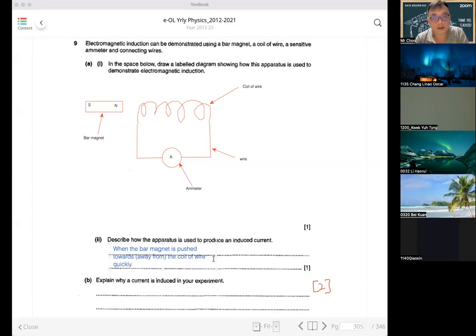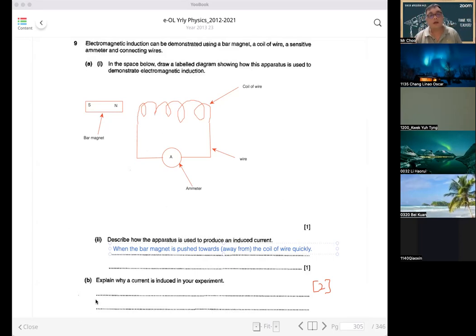So basically that's the main point you want to tell me. Push the magnet towards the coil or into the coil of wire quickly, or you pull the magnet away from the coil of wire quickly. This is what you need to state: the action that creates the current.